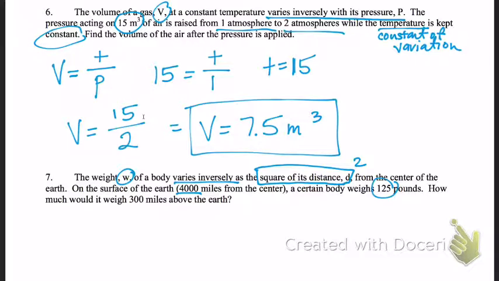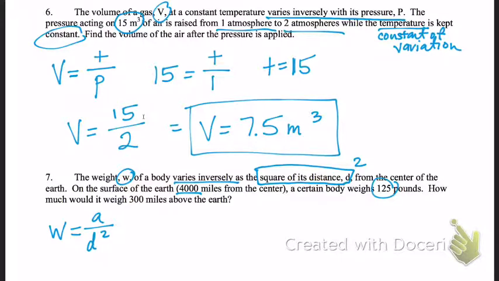So the formula that I would use for this would be weight equals whatever my constant of variation is over the square of the distance. So I would put d squared on my denominator because it says the square of the distance. The two things that I can plug in would be my weight and my distance.